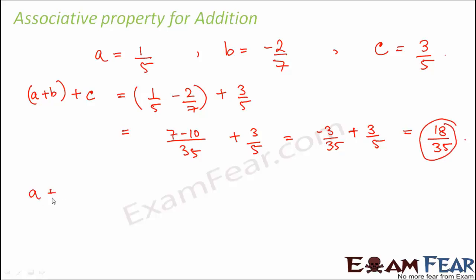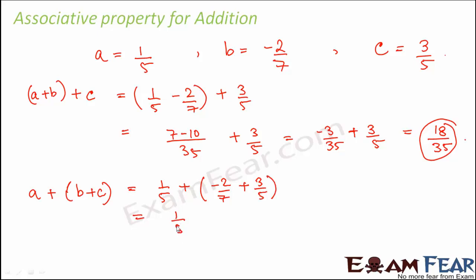Now let us try to calculate A plus (B plus C). This comes out to be 1 by 5 plus minus 2 by 7 plus 3 by 5. So this comes out to be 1 by 5 plus minus 10 plus 21 divided by 35.